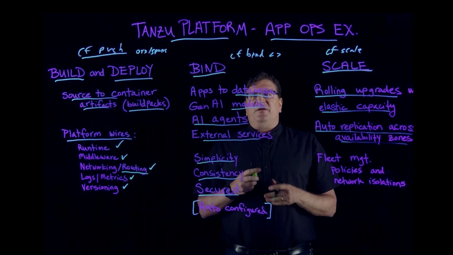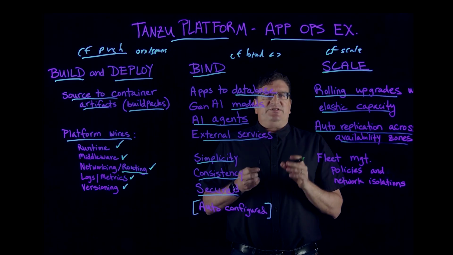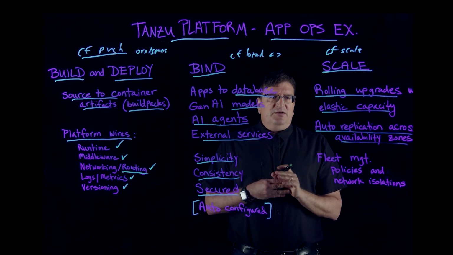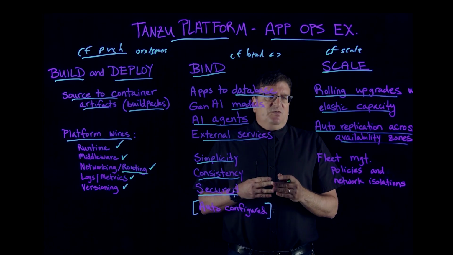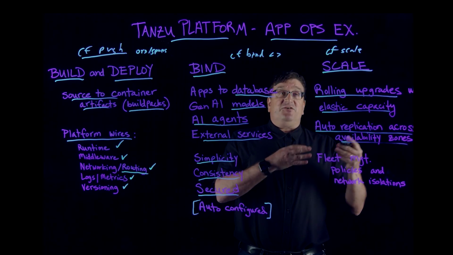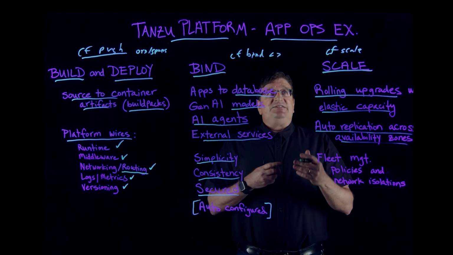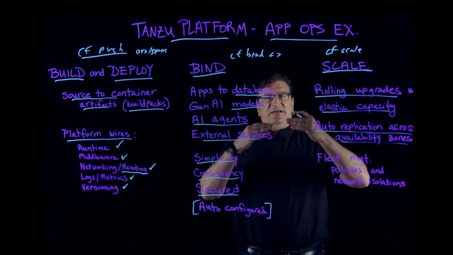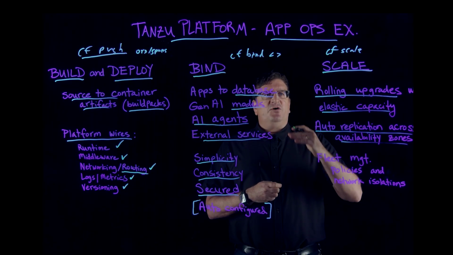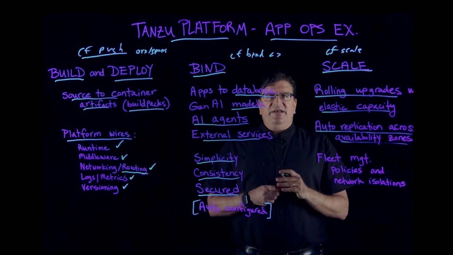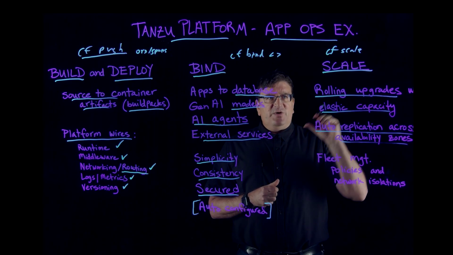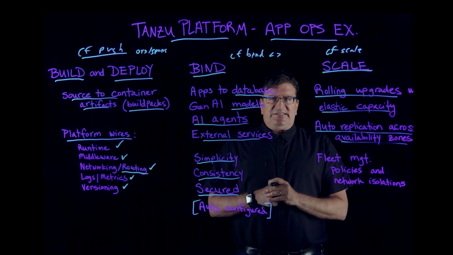Now, when you're thinking about scaling, the app instances are just one thing. What about the databases? What about the different VMs that are running the application? The Tanzu platform allows you to do the scaling at multiple levels. There are actually 4 levels of high availability embedded in. The first one is the application instances themselves.